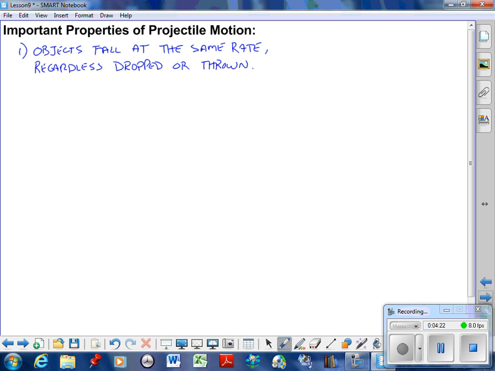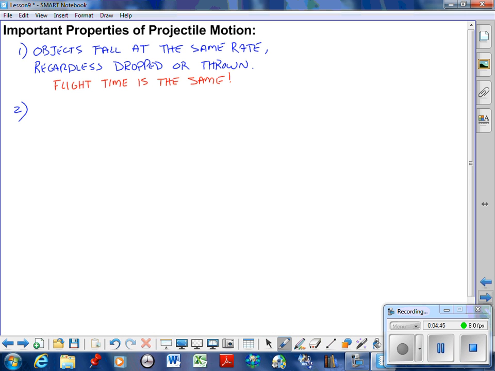So what does that mean? It means that flight time is the same. If I drop a ball and roll a ball off the desk, it's going to be in the air the same amount of time. It'll land at the exact same moment in time.